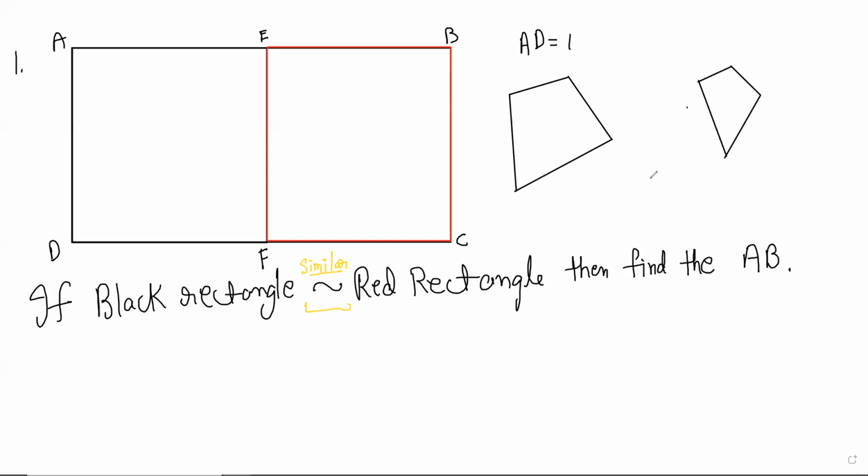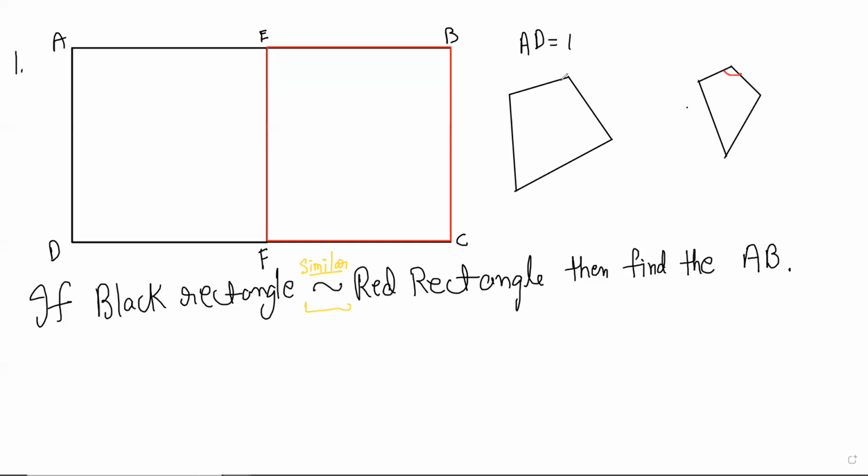Yeah. I guess they are similar when 3 of the angles are of the same degree value in both the quadrilaterals. Right. So you could say that, though it is not precise.